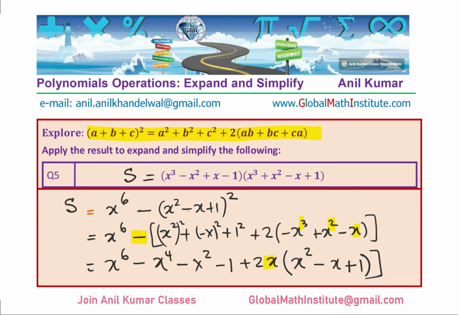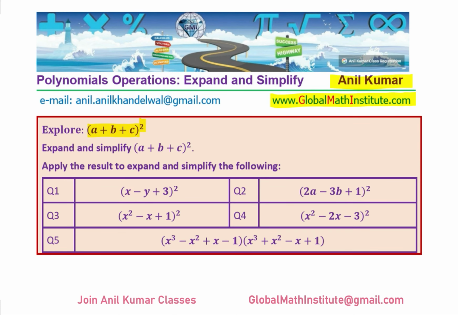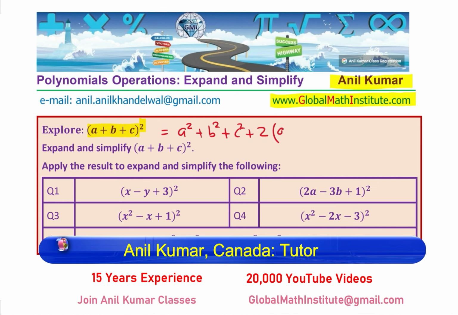Perfect. So you see how we began with the perfect square of a plus b plus c, applied it to different situations, right? Let's get back to this. So we found that this perfect square was basically equal to the sum of squares plus twice the product of individuals, so ab plus bc plus ca.